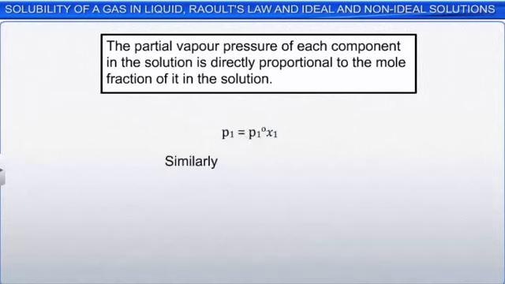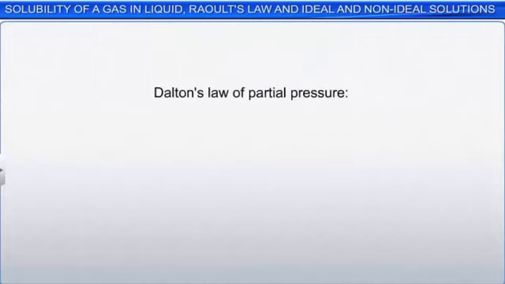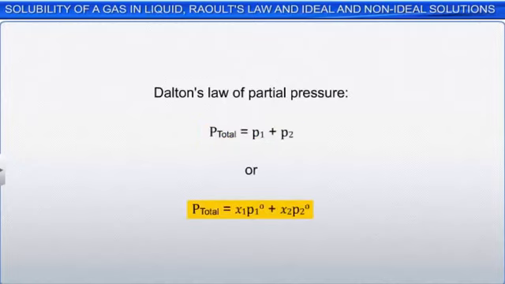Similarly, for the component 2, P2 is equal to P2 naught x2, where P2 naught represents the vapor pressure of the pure component 2. Now, if you apply Dalton's law of partial pressure, the total vapor pressure of the mixture would be equal to the sum of the individual partial pressures of the components 1 and 2. That is, P total is equal to P1 plus P2, or P total is equal to x1 P1 naught plus x2 P2 naught. Let this be equation number 1.